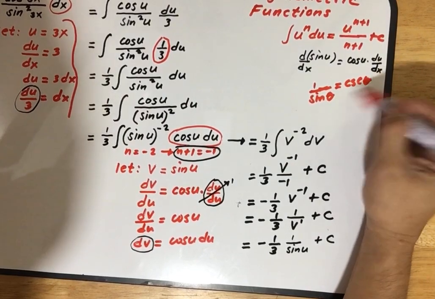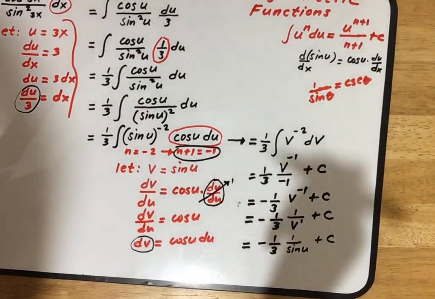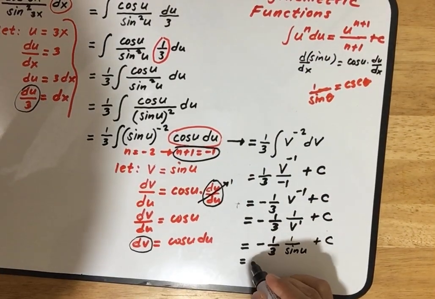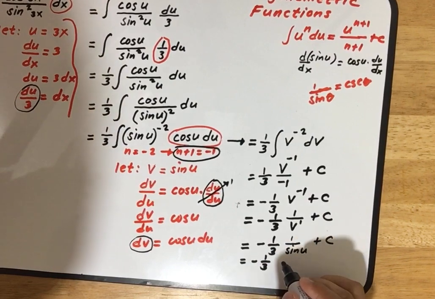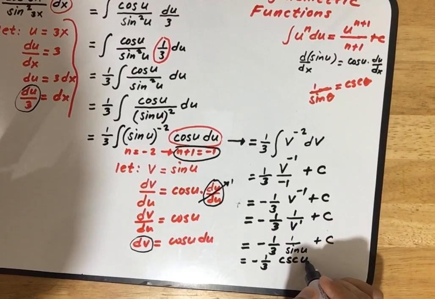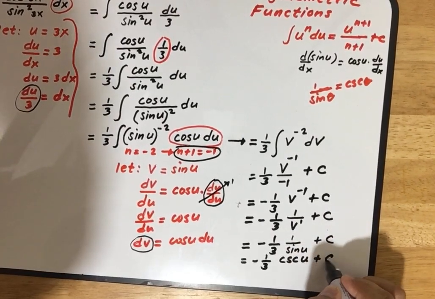So we make use of that identity. This can be written as negative 1/3 times cosecant u, then plus c.